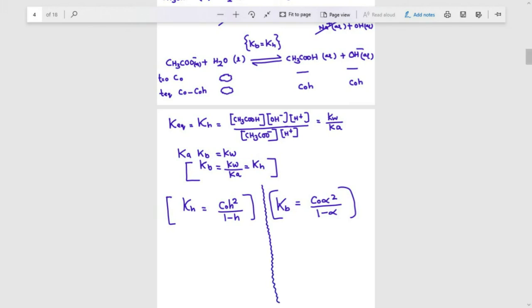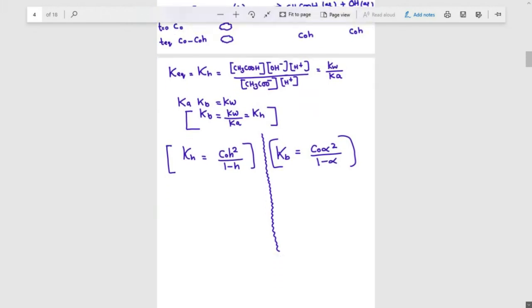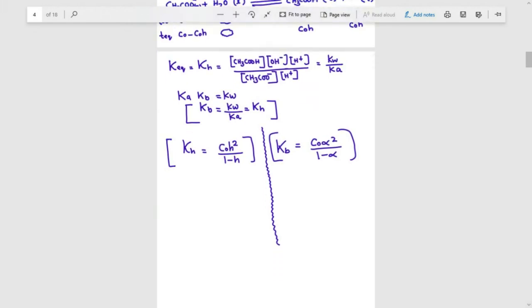So while solving a problem of a weak base, we make cases. We compare the value of alpha and then solve the problem. Case one: we assume that the value of alpha is less than 0.05, which means the percent dissociation of the base is less than 5%.